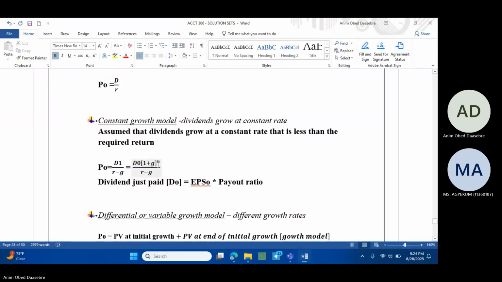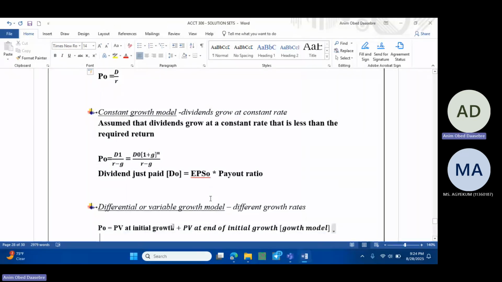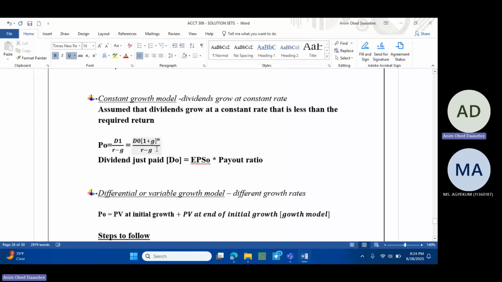When we move forward, we will learn how to find the g, the growth rate. All the values in this formula, you can be asked to determine them if you are not given them. So one way you can find your D naught is this formula.